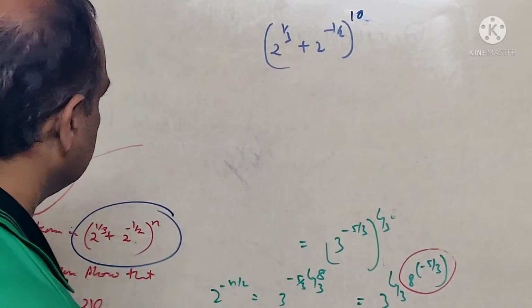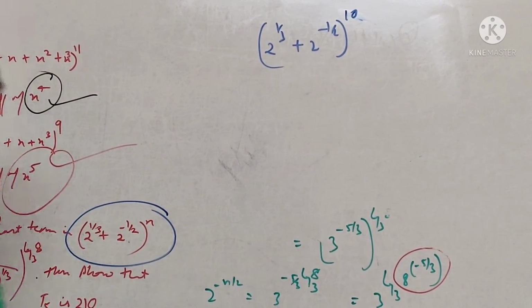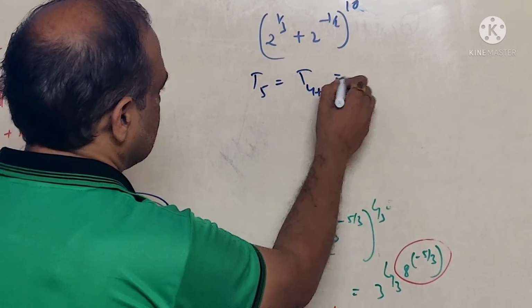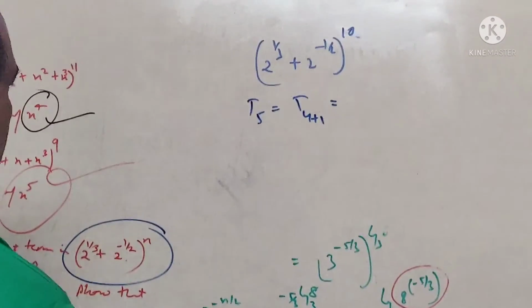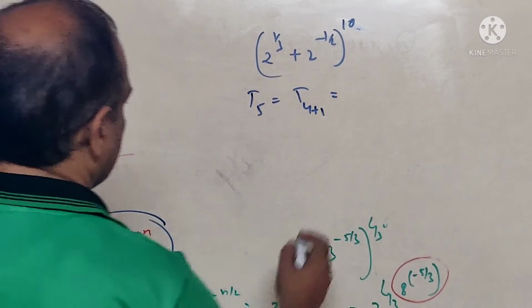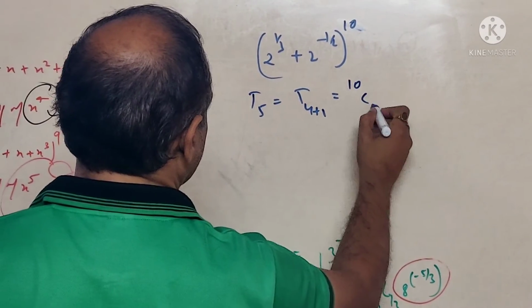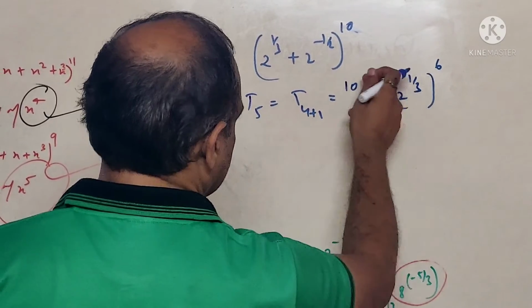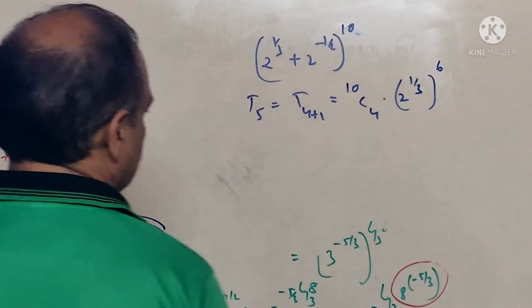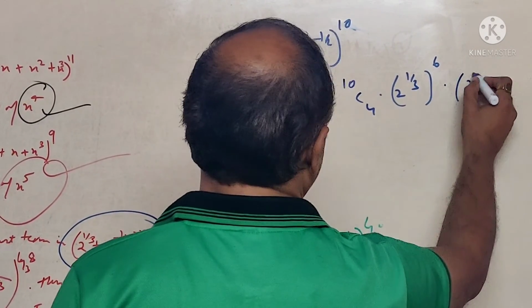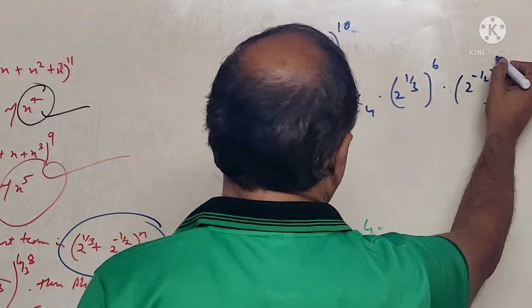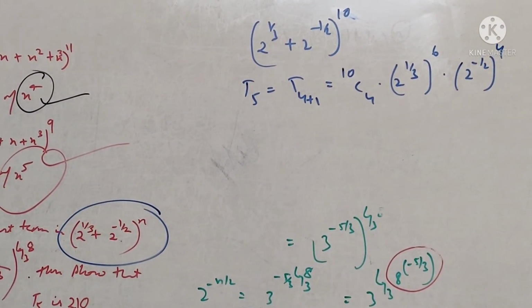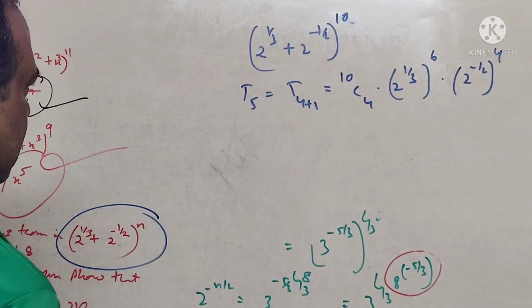We have to expand this and find t5. t5 is equal to t(4+1), so r is 4 here. For the fifth term, this is 10C4 into (2 raised to power 1 by 3) whole raised to power 6, since 10 minus 4 is equal to 6, multiplied by (2 raised to power minus half) whole raised to power 4. T(r+1) is equal to nCr. Clear? Now we have to solve this.